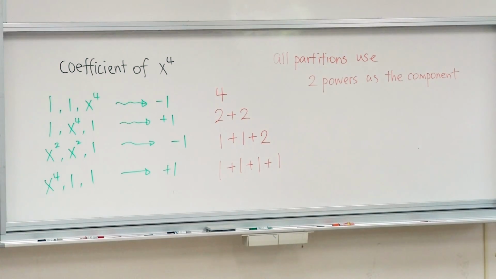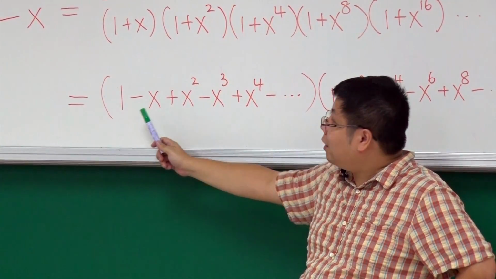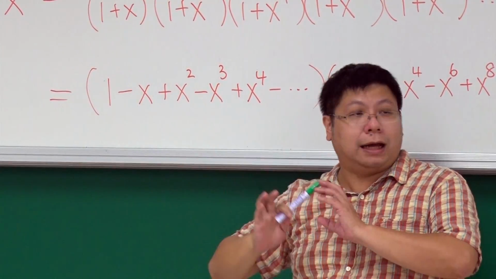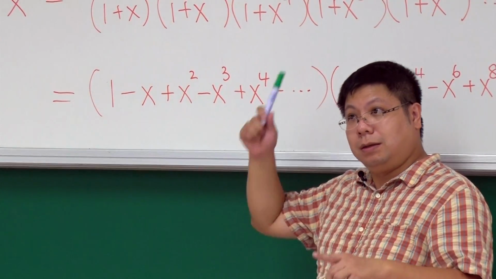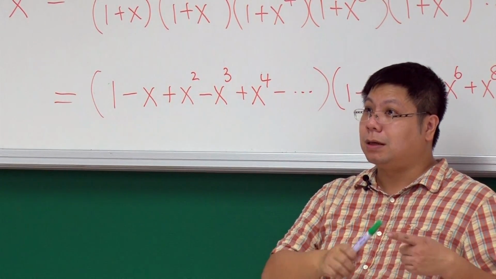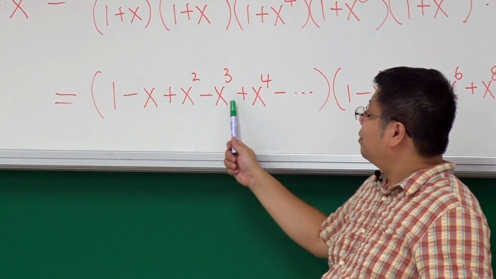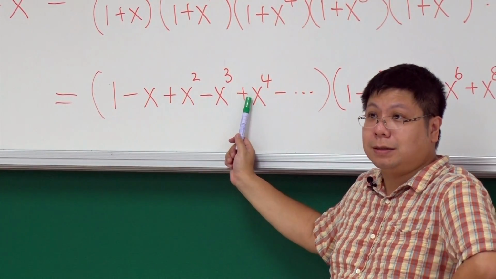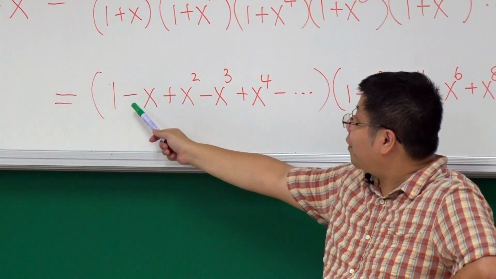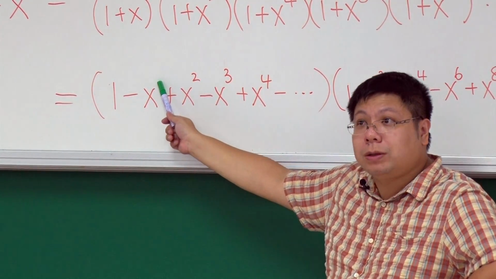Okay, or we just focus on this one. Sometimes minus, sometimes plus, right? If I'm picking no ones, I count it as plus. 1 one, minus. 2 ones, again plus. 3 ones, minus. So how do I know when I should have a plus or a minus? I would have a minus if the power is an odd number.